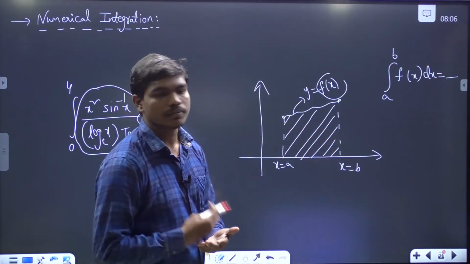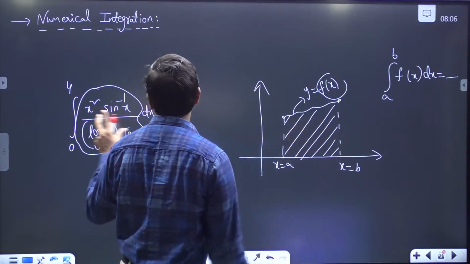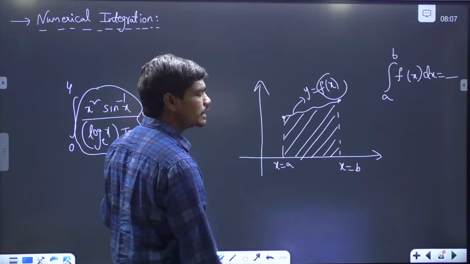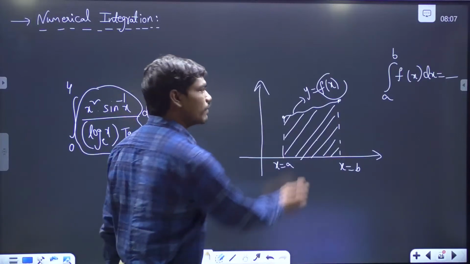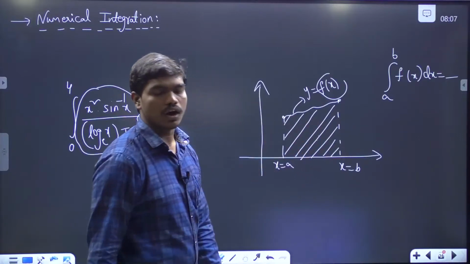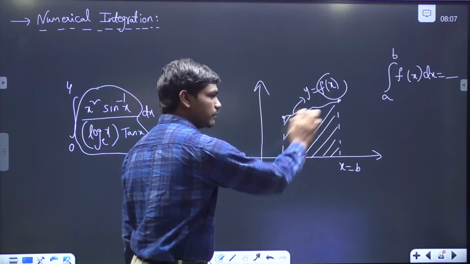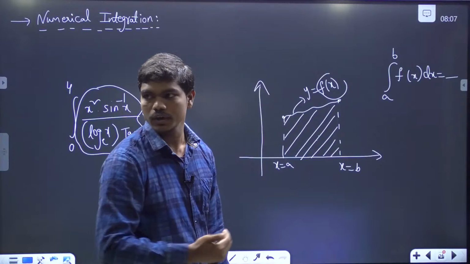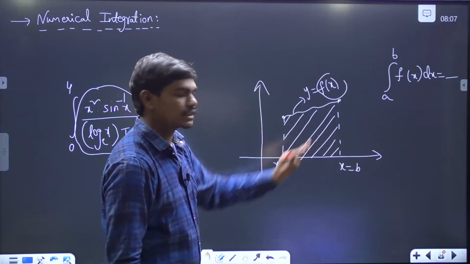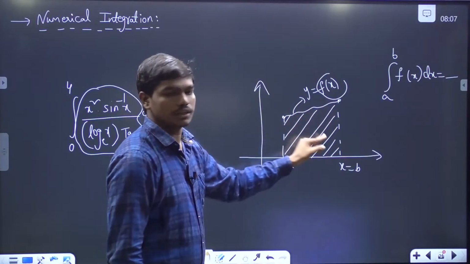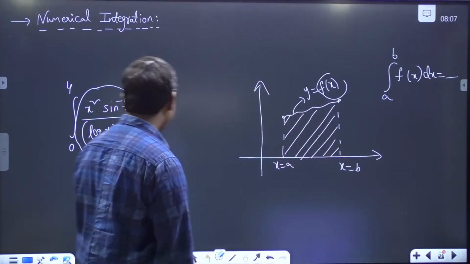Since both are the same, this area and this integral are numerically equal, and evaluation of the integral is difficult, so it's better for us to evaluate the area. All numerical integration techniques are based on the fact that this area is bounded by the curve, the lines x = a, x = b, and the x-axis, means the area bounded by all these four curves. So we'll see the techniques straight away.